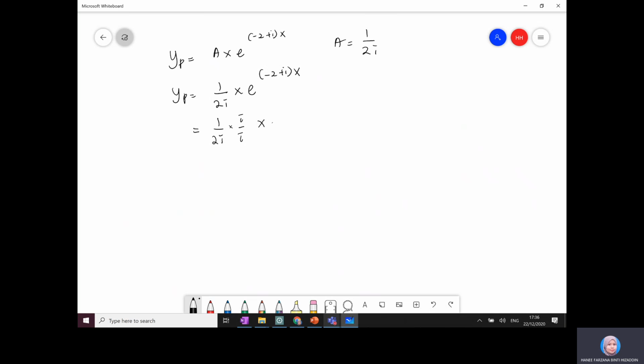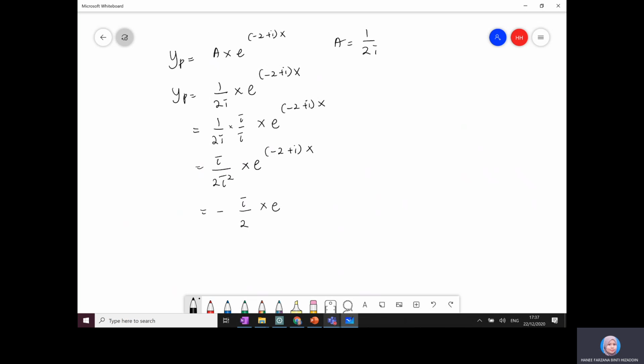The rest you just bring down. So here you will get i over 2i² times x times e^((-2+i)x), so you have negative i over 2, because i² is negative 1, times x e.